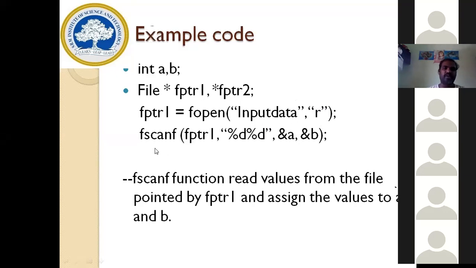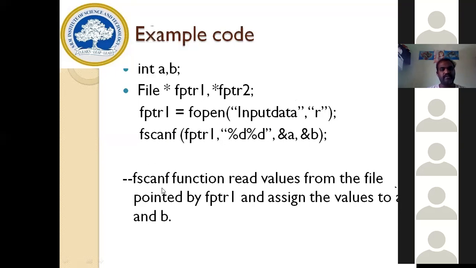Generally, you know the scanf function will read the data from the keyboard, so here we are using fscanf because we are dealing with the file. So file pointer and the two variables.